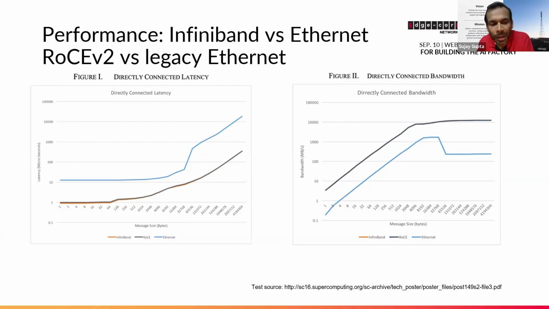InfiniBand is orange, so you can't see the orange because it's overwritten by the black on the left-hand side. As you increase the message sizes, the latency increases essentially linearly. But for point-to-point latency, InfiniBand is definitely better at this point in time.